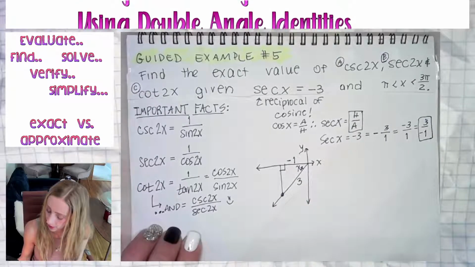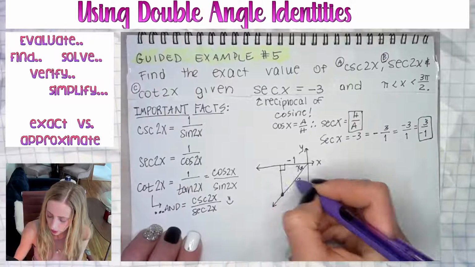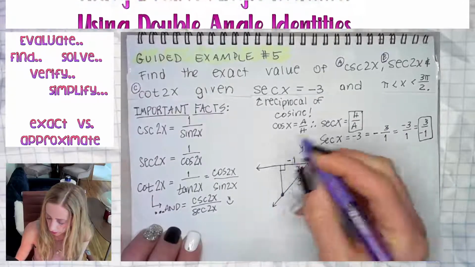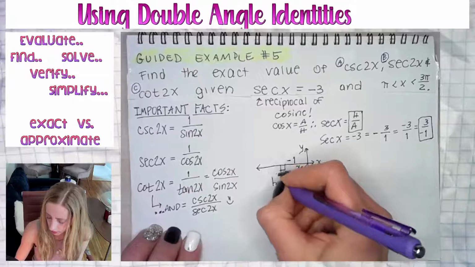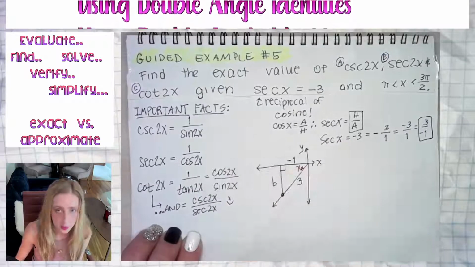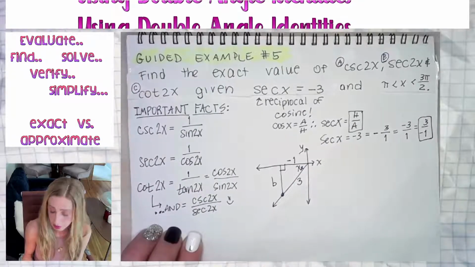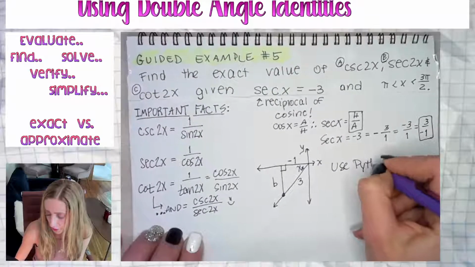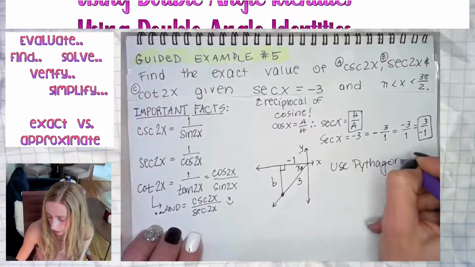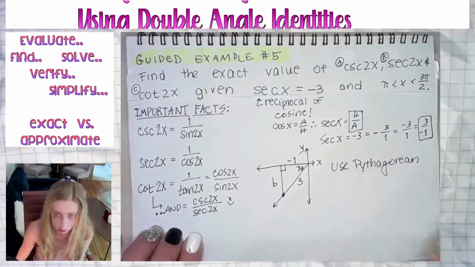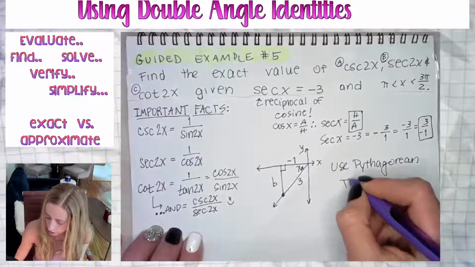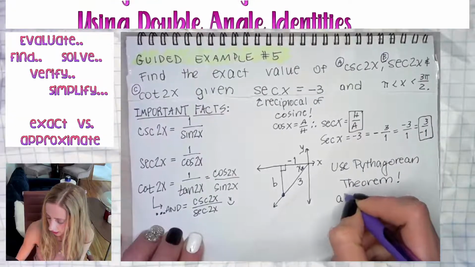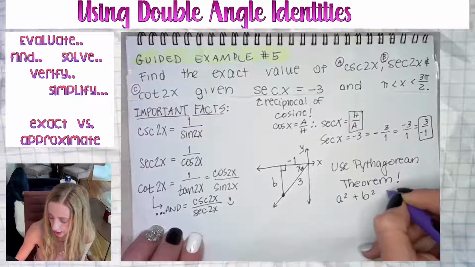Mystery side. How do we find that mystery side? Well, that mystery side, which I can name a variable, let's call it B, is going to be figured out using, of course, the Pythagorean theorem. If it's a Pythagorean triple, of course you can reference that. A squared plus B squared equals C squared.